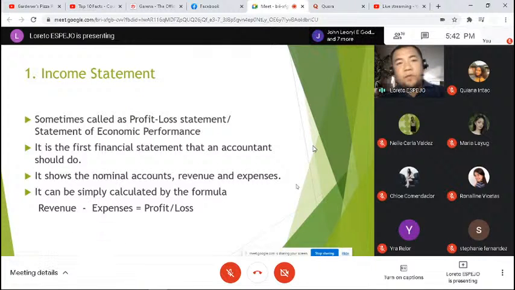Okay, so that's the simple formula. Yung kinita mo, ibawas mo lahat ng ginastos mo, then that will be your profit. Just like salary: your gross salary less your deductions will be your net salary. Okay, so ganun po yun. But in this case, revenue less expenses.